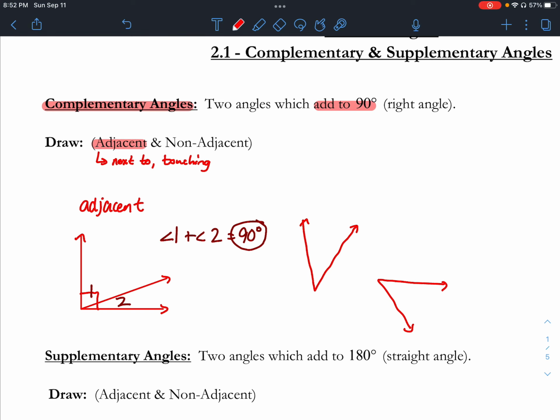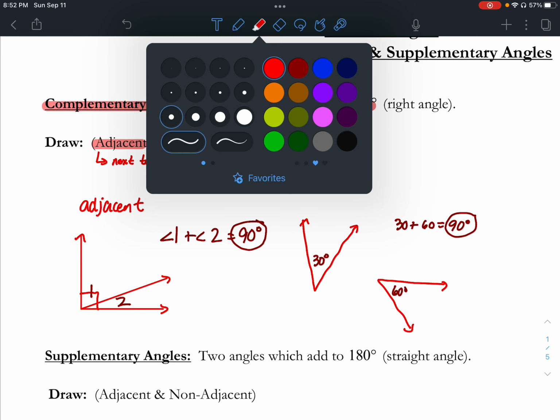But the measurements of these might be something like 30 degrees and 60 degrees. And if we added those together, we'd have 30 plus 60 equals 90, and that is again complementary angles for us. So that's going to be a big word, complementary. Don't forget to put that one in the vocabulary.